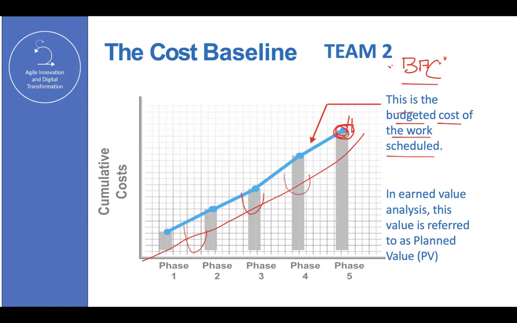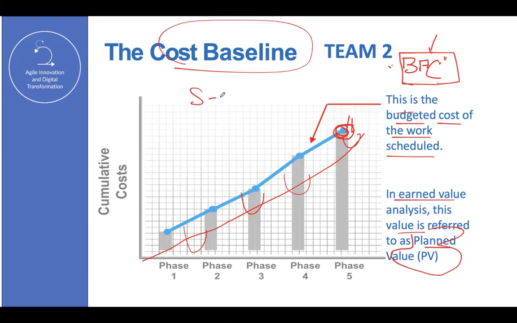How much money are we going to use? And in earned value analysis, another name for this value is planned value. So 3 different names: budget at completion, planned value, and cost baseline. A lot of names for the same idea, and S curve.